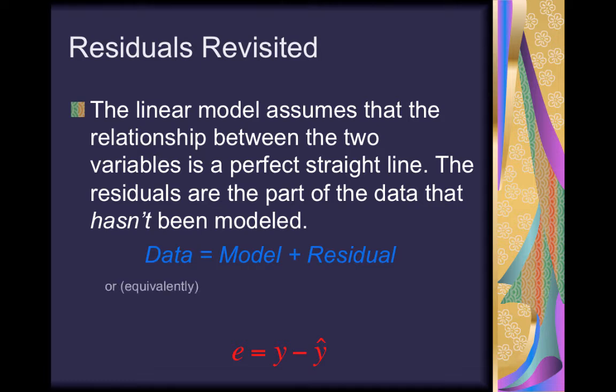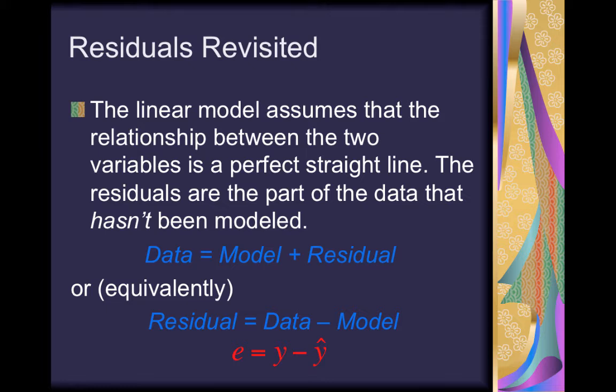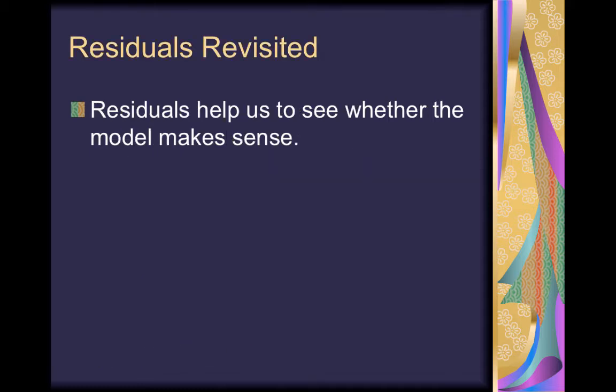If we rearrange this, our residuals are equal to the data minus the model, or using symbols, where e represents our residuals, we have y minus y hat, or our data value minus our predicted value. Residuals help us see whether our model makes sense or not.